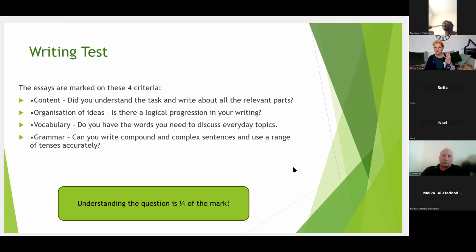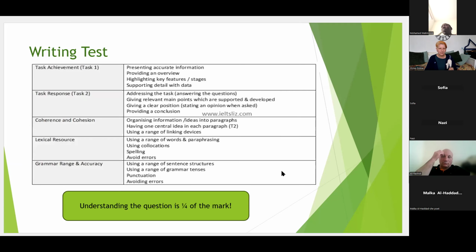Those are the 4. So look, there are 4 criteria. It's called task achievement or task response. That's number 1. And coherence and cohesion is number 2. Vocabulary and grammar are 2 of the marks, but that's 2 out of 4, okay?